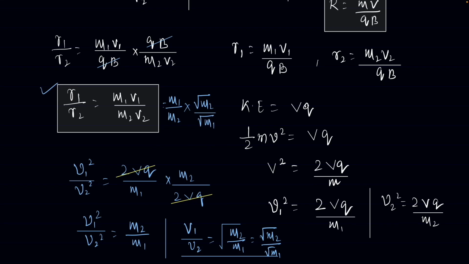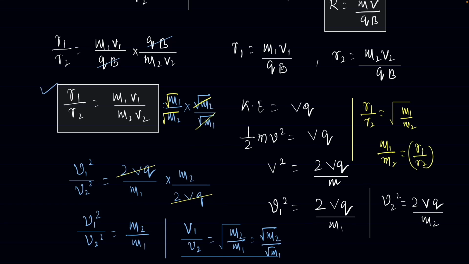We can cancel this, and here we get the root. We can cancel this, and here we get the root. So from there we can say that r1 by r2 is equal to root of m1 by m2. So m1 by m2 is equal to r1 by r2 whole square. So this is the answer of this question.